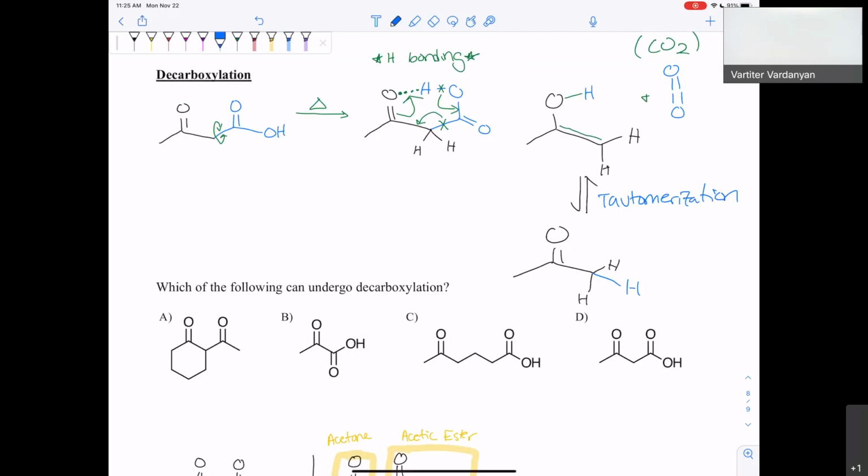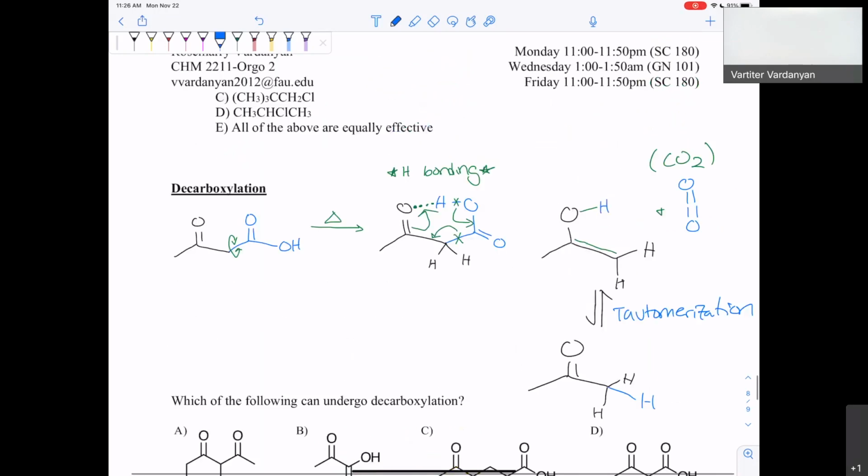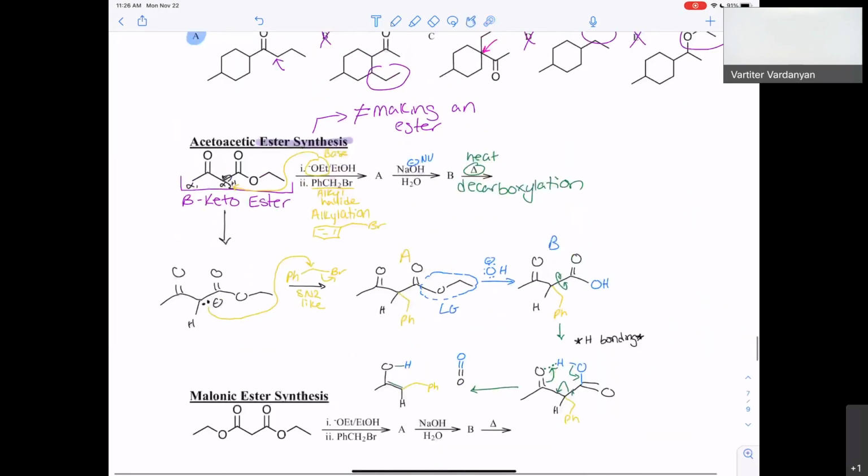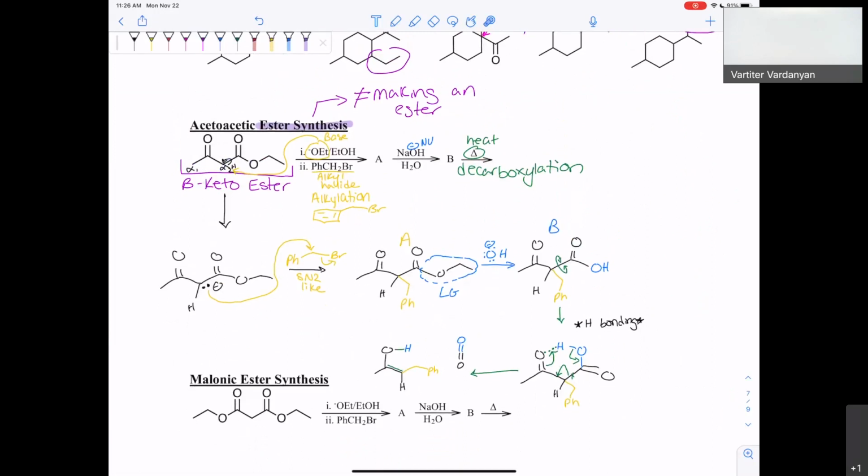Yes. So you're saying, could this side have other stuff on it? Yes. So that's a really good question. So to recap the whole naming thing we talked about, the acetoacetic ester is specifically this molecule, right?